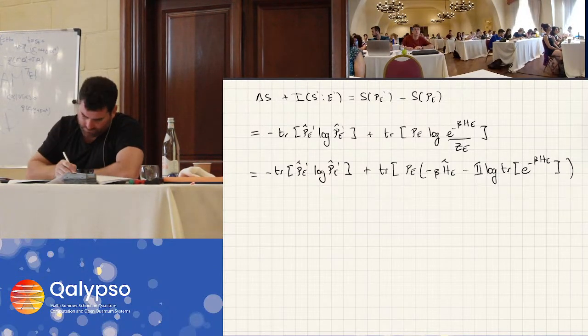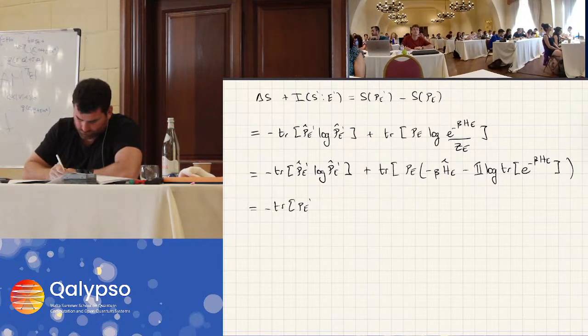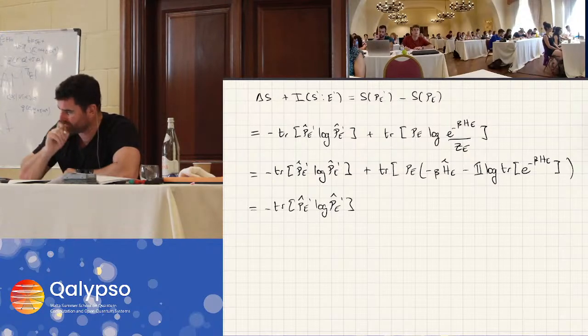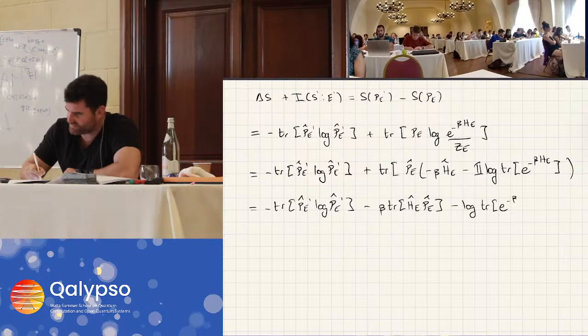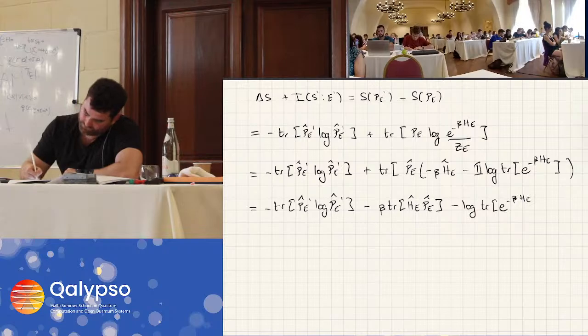Okay, now this is equal to just breaking up the trace, okay? Trace of H_E rho_E minus the log of the trace of e to the minus beta H_E, okay?